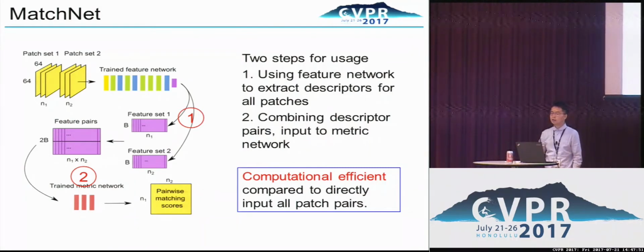Firstly, it takes out the feature network of MatchNet to extract descriptors for all patches. Then, according to the matching candidates, it combines the descriptor pairs and inputs them to the metric network, finally obtaining their matching scores. Such a two-step scheme can effectively avoid the redundant computation of extracting patch descriptors by the feature network.